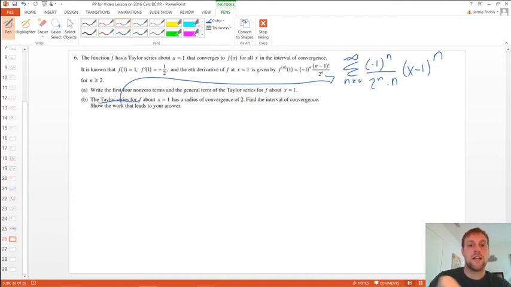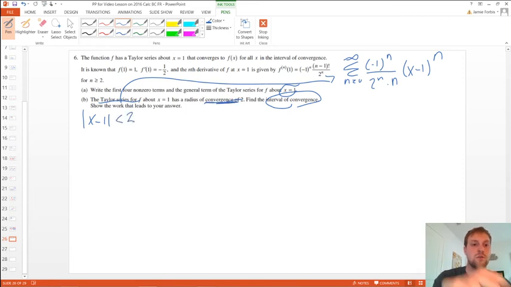I'm already telling you that this has a radius of convergence of 2, and I want you to find the interval of convergence and show your work. Well, that's not hard at all. If x equals 1 is my center, and the radius of convergence is 2, then the absolute value of x minus 1 is less than 2.